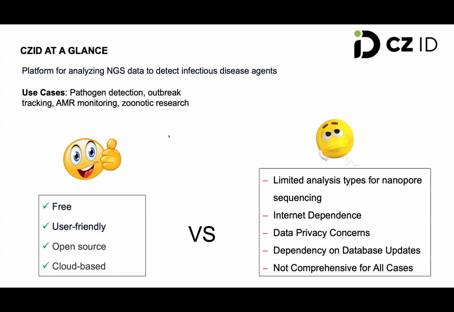To give you a short overview of the pros and cons of this platform: first of all, it's free, which is a really huge advantage over the other platforms we've presented here. Then it's really user-friendly. I would say this platform is the most straightforward.